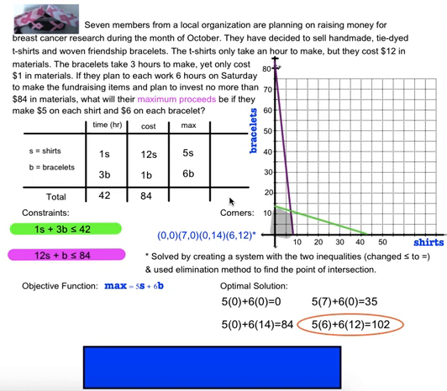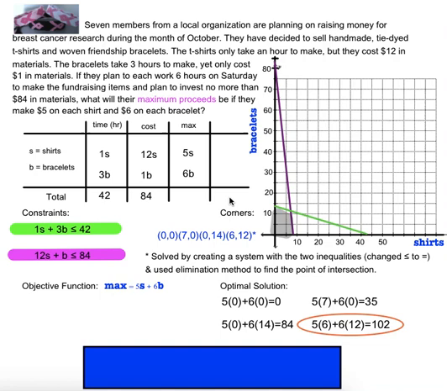If they plan to each work 6 hours on Saturday to make the fundraising items and plan to invest no more than $84 in materials, what will their maximum proceeds be if they make $5 on each shirt and $6 on each bracelet? So first we start off by listing the two variables.